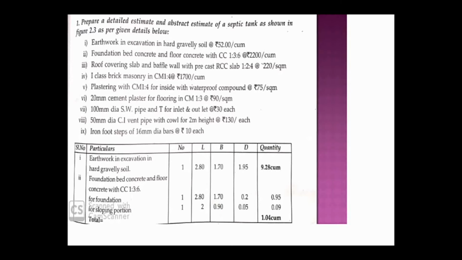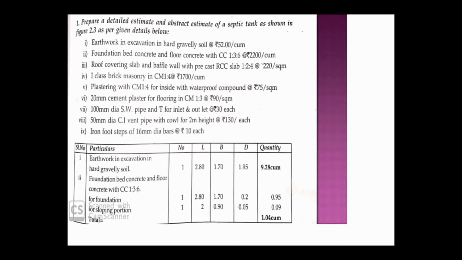As I told, inside to inside length is 2 meter, inside to inside breadth is 0.9 meter, and depth is 5 centimeter, that is 0.05 meter. When you apply 1 into 2 into 0.9 into 0.05, you are going to get 0.09. This is your quantity.